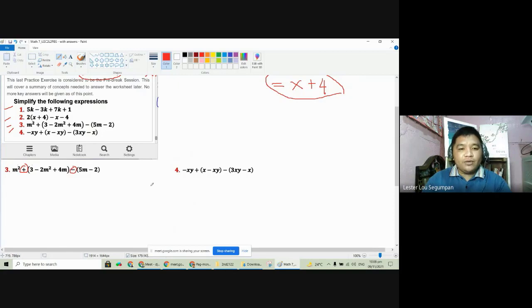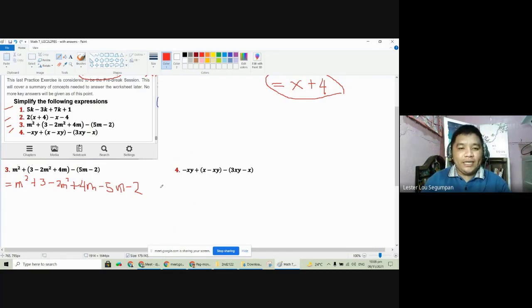Do not assume that you can do this: m squared plus 3 minus 2m squared plus 4m, and minus 5m minus 2. This is wrong because I just simply removed the grouping symbols at once. Some may be correct, but even if one is wrong, everything will be wrong.